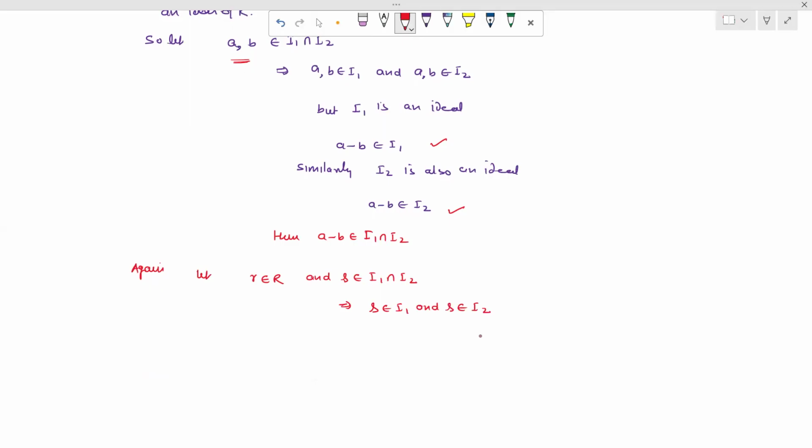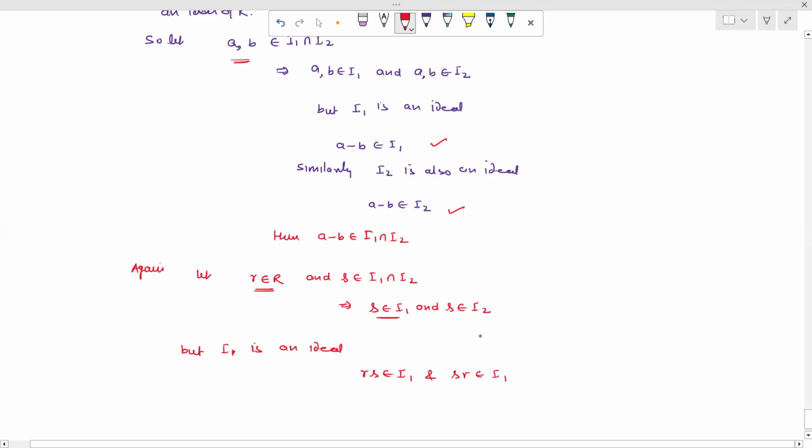We know that I1 is an ideal. So from this, r belongs to R and s belongs to I1, so then rs belongs to I1, and similarly sr also belongs to I1.